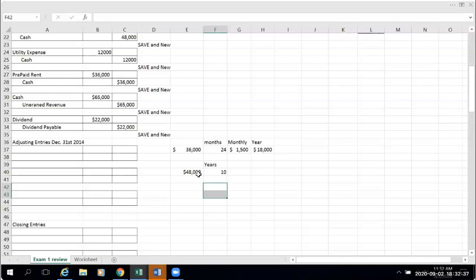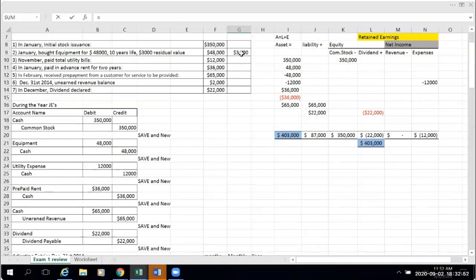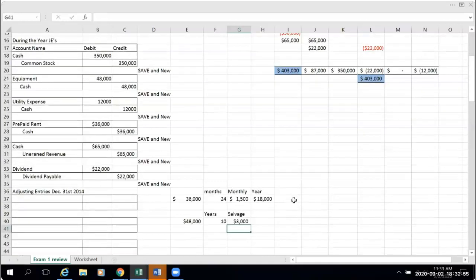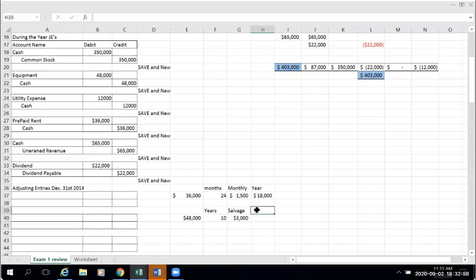Also the residual value or salvage value equals to here $3,000. Okay, so the annual depreciation will be how much? This is how you calculate annual depreciation in a straight line method, which is the most commonly used type of depreciation, and it's the easiest one.